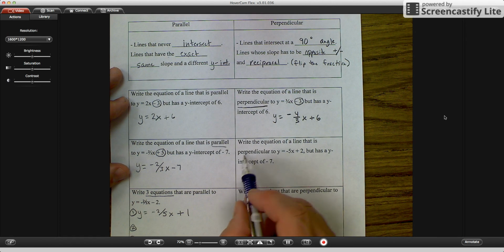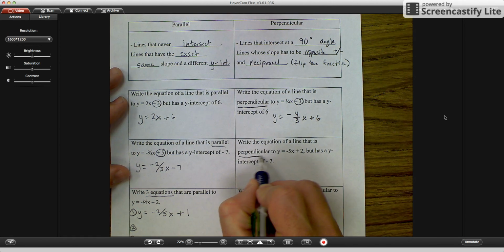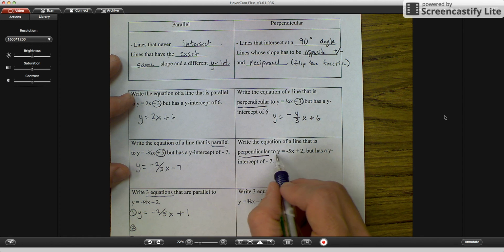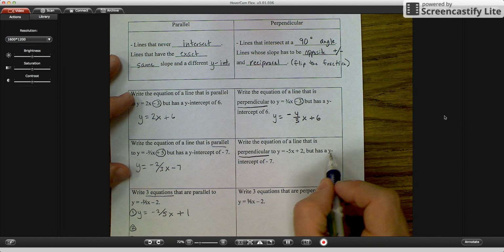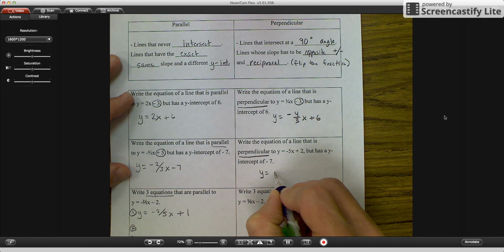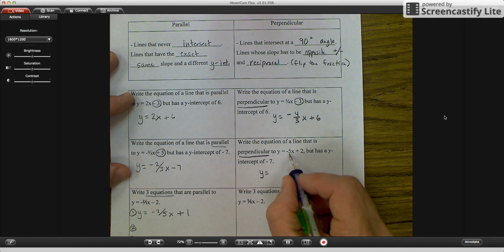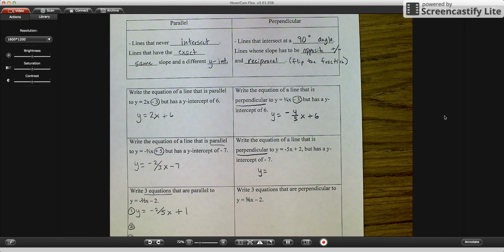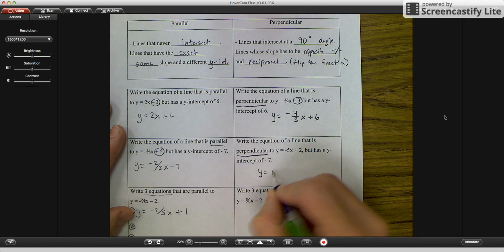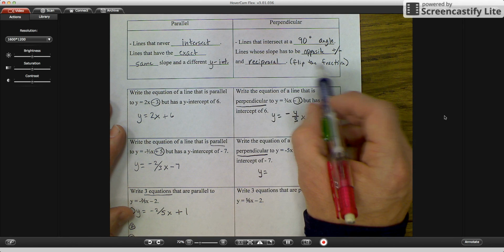If we look at the next one, it says write an equation of a line that is perpendicular. I'm going to underline perpendicular just to bring my attention to it. Perpendicular to y equals negative 5x plus 2, but has a y-intercept of negative 7. So again, we start off with y equals. Now, it is negative 5x. So what I want to do is I need to go opposite. Since it's negative, I'm going to make it positive. And reciprocal, flip the fraction.